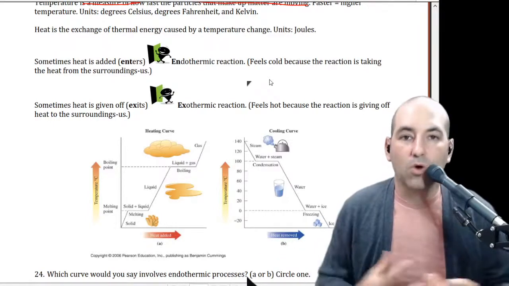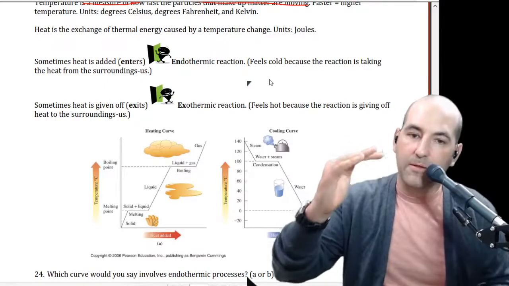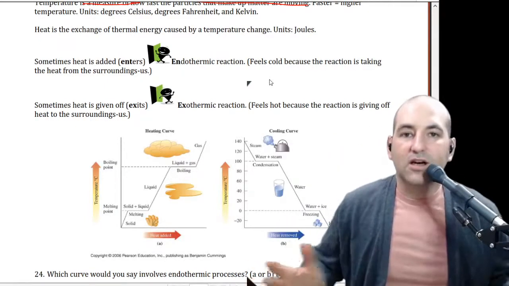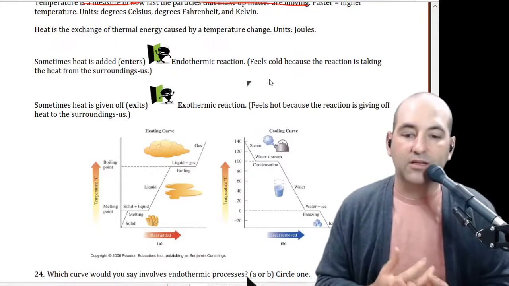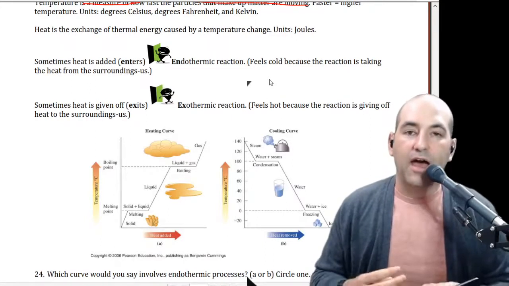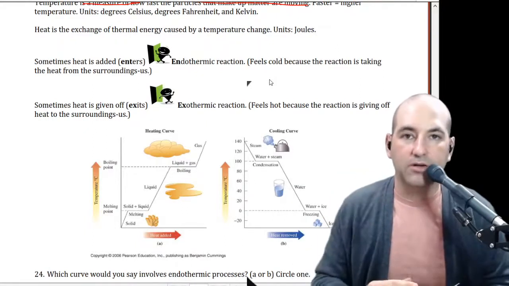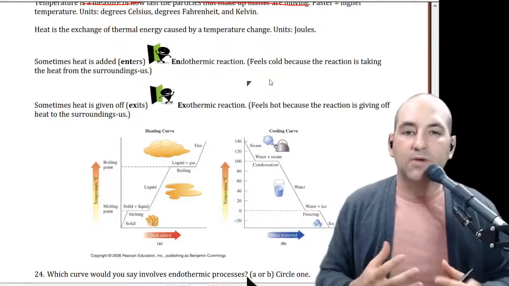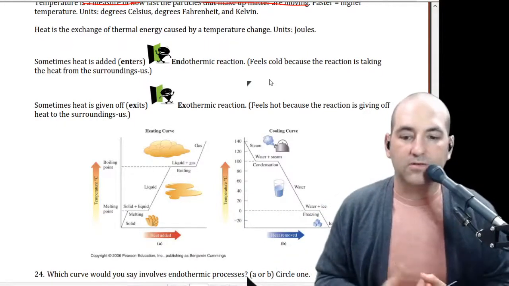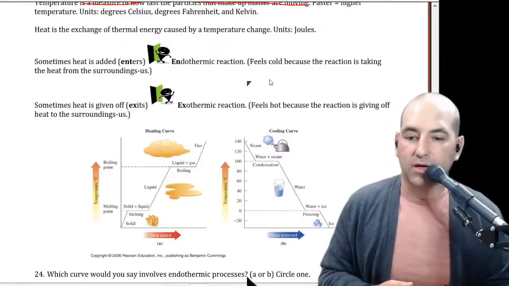The system is absorbing energy, so the level of energy of the system is going up, but it feels cold because it has to suck that energy from the surroundings. And the converse, an exothermic reaction: the chemicals themselves are going from a high energy state to a lower energy state, releasing all that extra energy out, and that makes the surroundings feel hot. So if you touch something and it feels hot, that is an exothermic process.